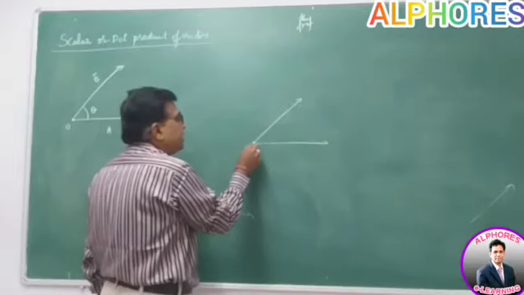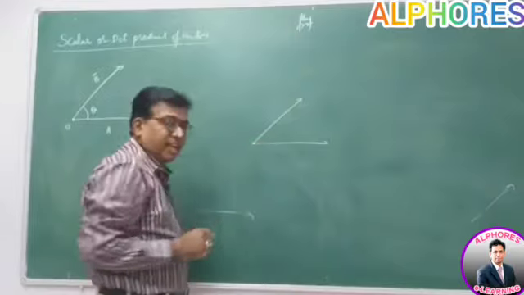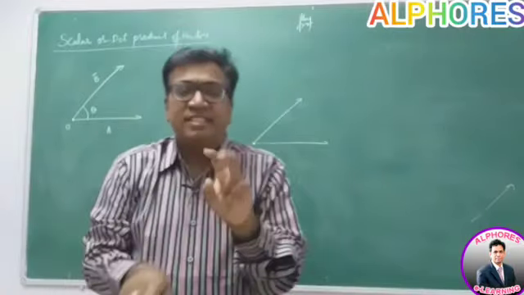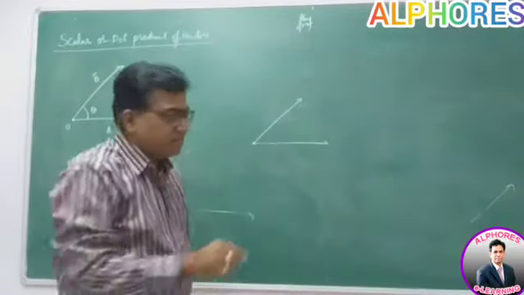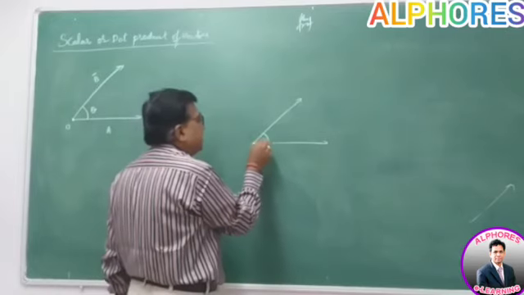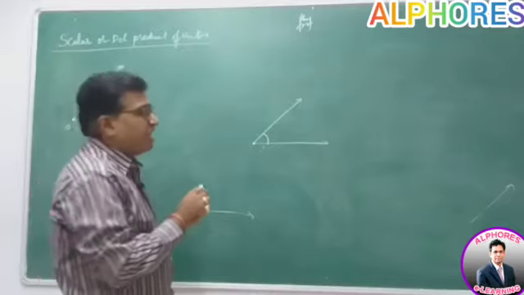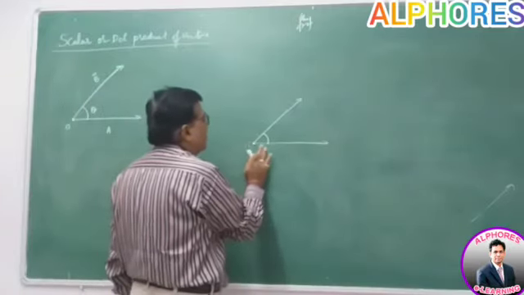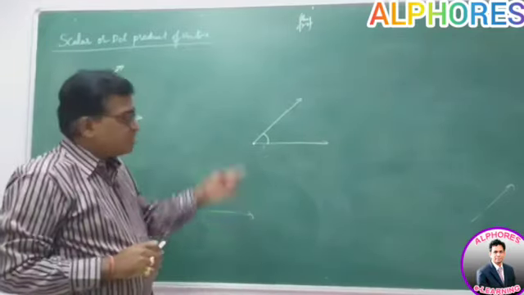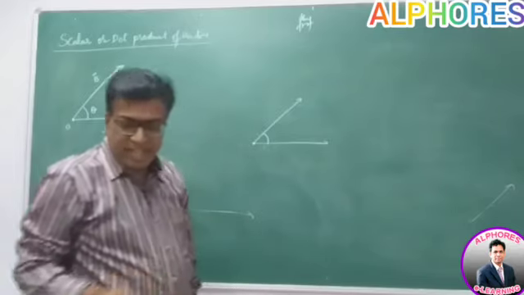When you represent them as co-initial vectors, there are two angles obtained between them. One is the smaller angle or the interior angle, the other one is the exterior or the bigger angle. We have to take the smaller angle, not the bigger one. The smaller angle denotes the angle between the vectors.